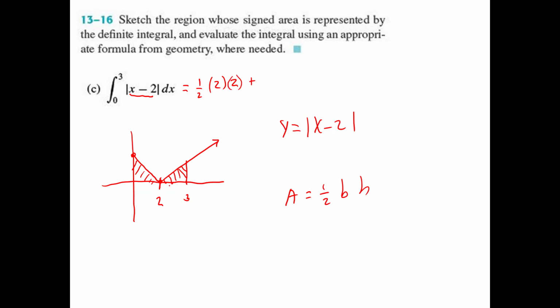Plus the area of this triangle: 1/2, the base is 1, the distance from here to here is 1, and when you put in 3, you get the height of your triangle. 3 minus 2 is 1, the absolute value of 1 is 1. And so you get 2 plus 1/2, which is 2.5, or 5/2.